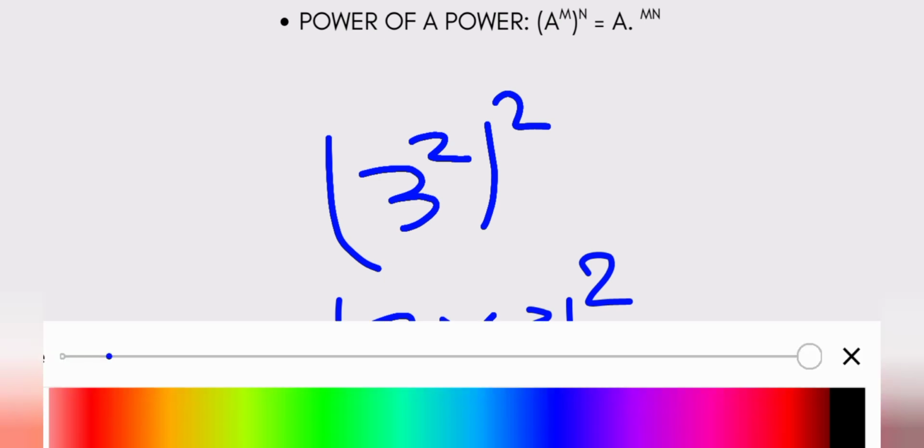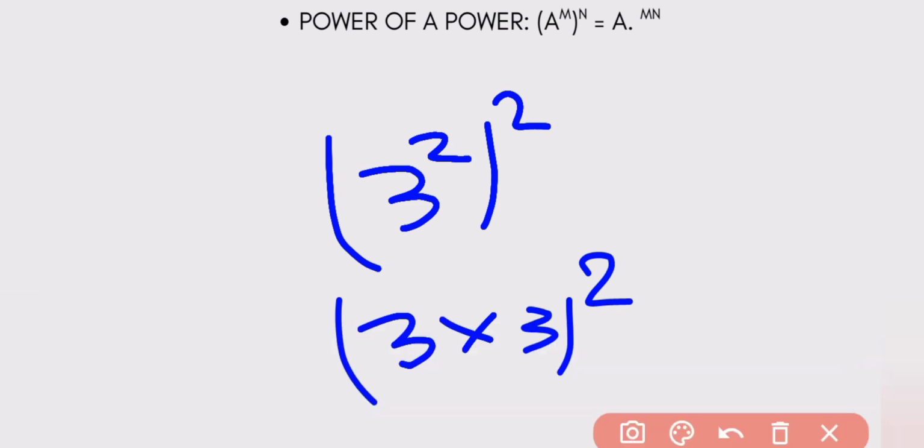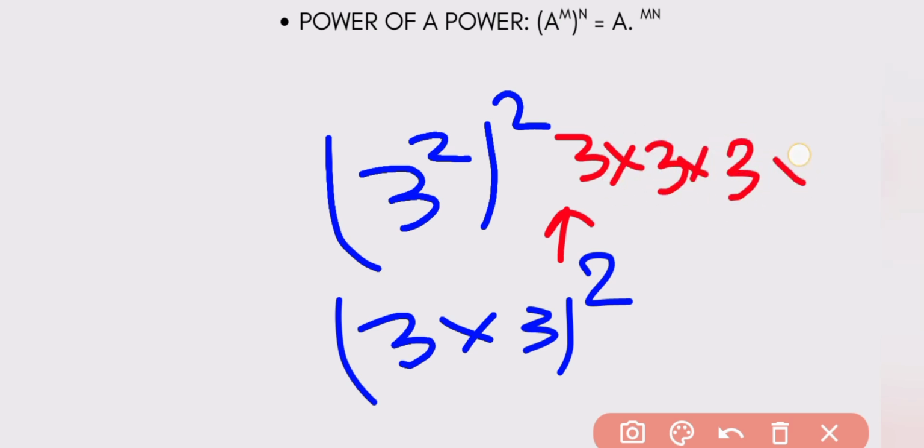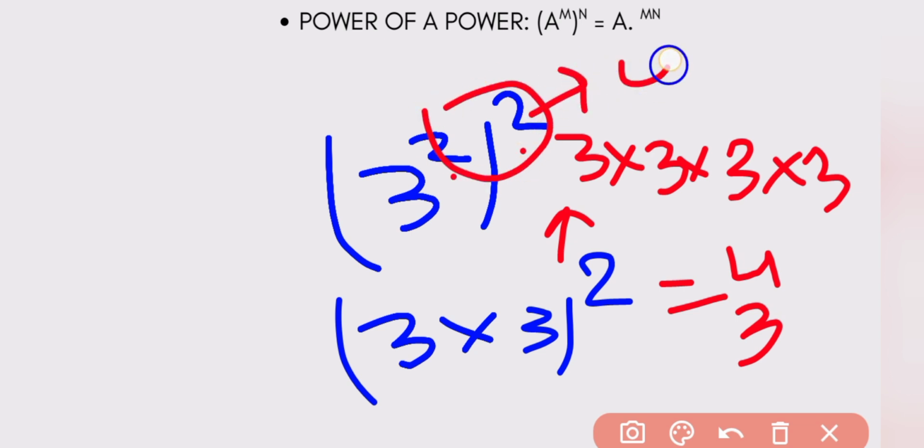Now this whole thing could be written as 3 into 3 into 3 into 3, which will give us 3 to the power 4. And according to the law, if we multiply the two powers, it will give us 4.